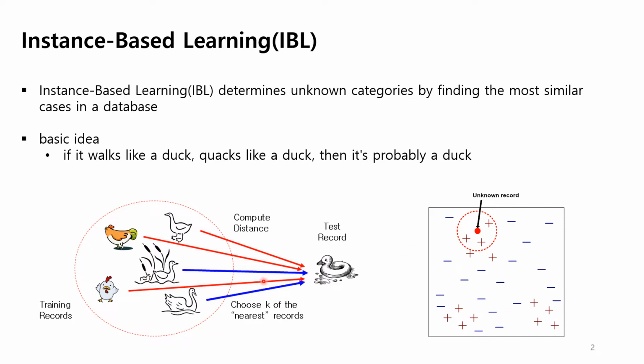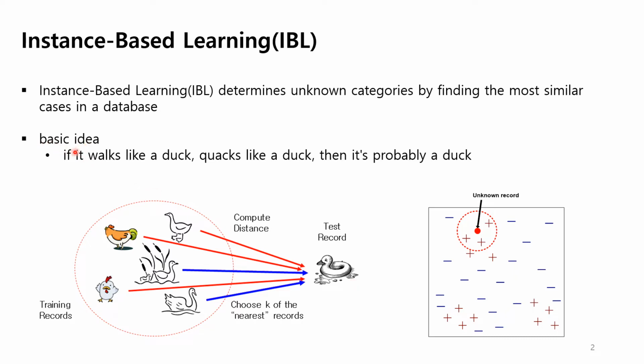Then in that case we conclude that this new animal is duck. Okay, so that's how it works in instance-based learning. So find something similar, and based on the value of the similar data, you classify new data. Okay, that's the basic idea of instance-based learning.